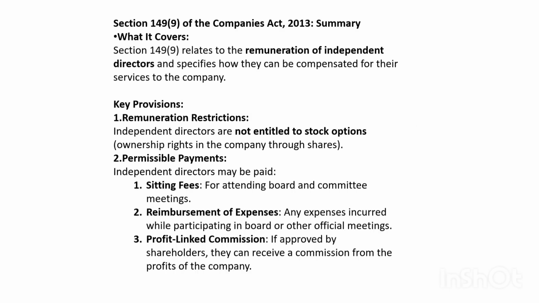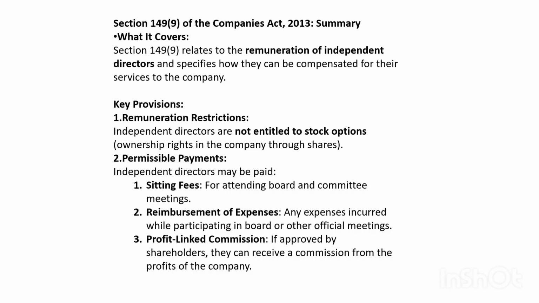Section 149(9) of the Companies Act speaks about the ways in which independent directors can be compensated as remuneration. Key provisions regarding this are: independent directors are not entitled to ESOPs, that is, employee stock option schemes.